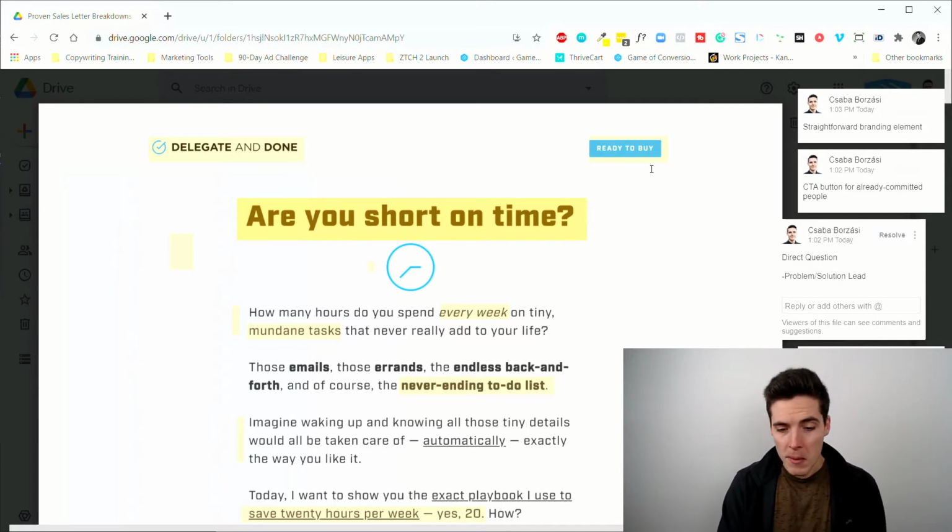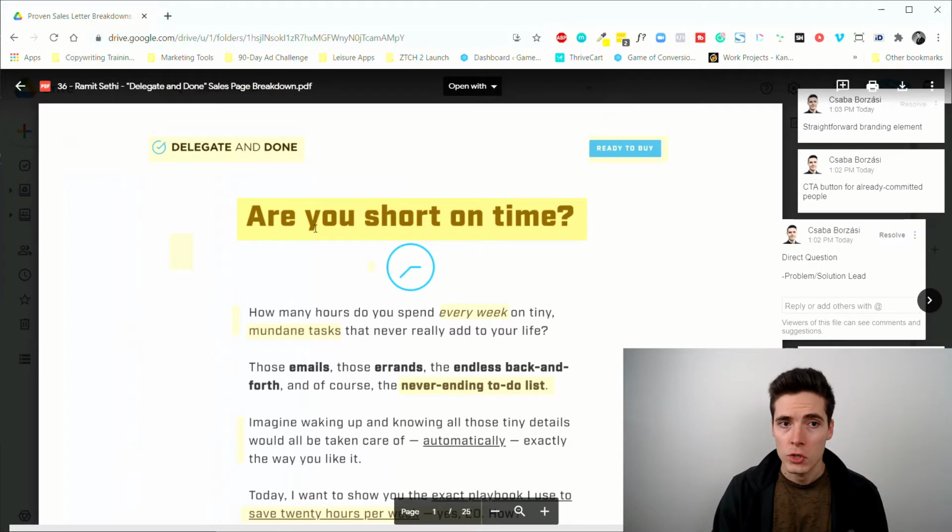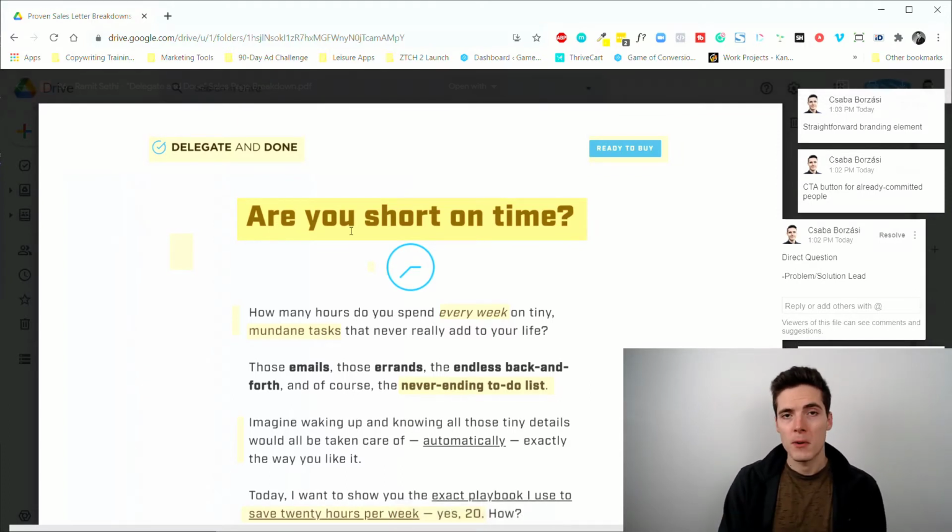Because probably the copywriter who wrote this, I mean, I don't think that Ramit Sethi wrote this himself. He has copywriters working for him, but he's also a very, very good copywriter, by the way. So this is a direct question, and we call this a problem solution lead. It's perfect for people who are in this so-called problem aware stage, because they just complement each other.